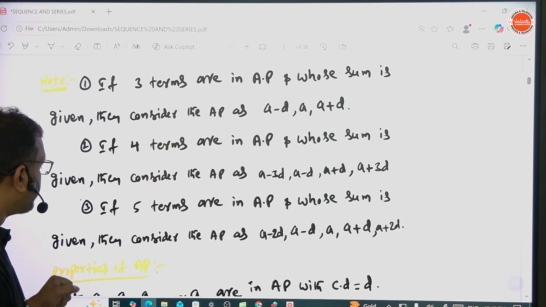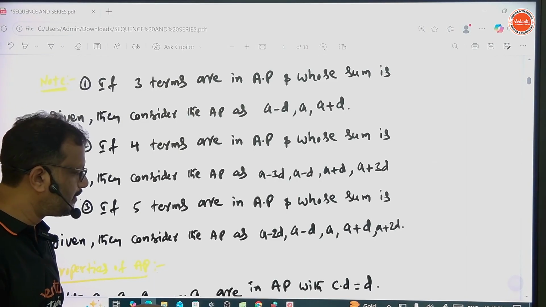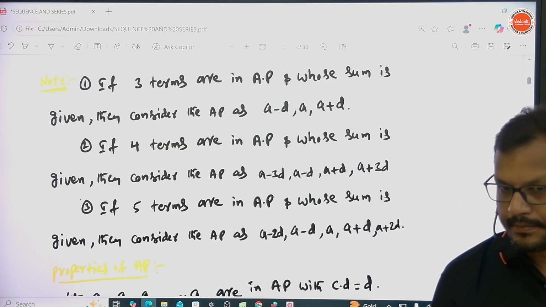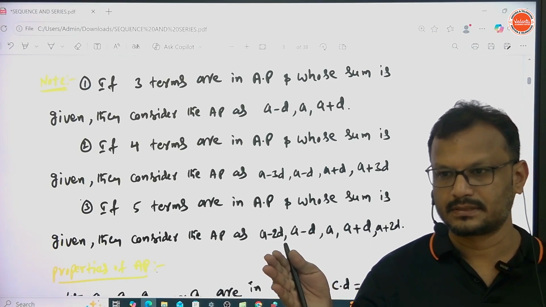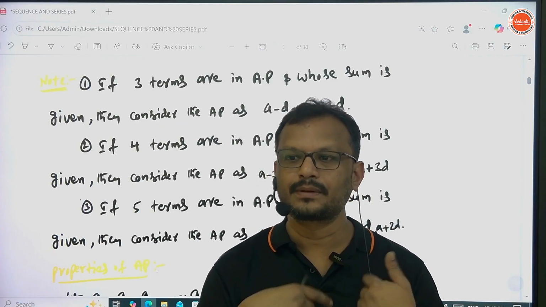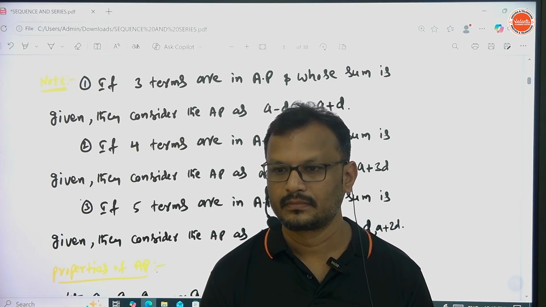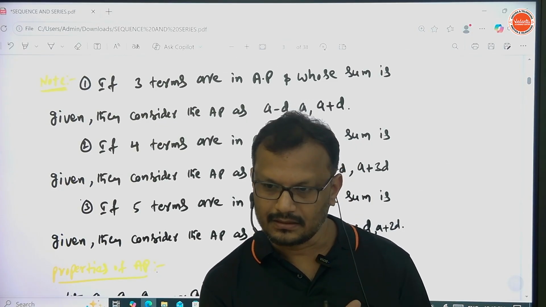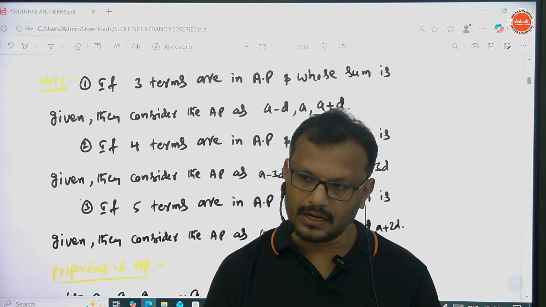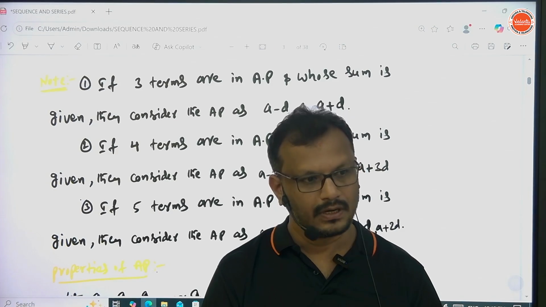Right? Okay. So now some properties will be helpful in some problems. Suppose there are some numbers in AP. If you add some constant value to them, whatever sequence comes is also in AP only. Even if you multiply by some constant, it will be in AP.